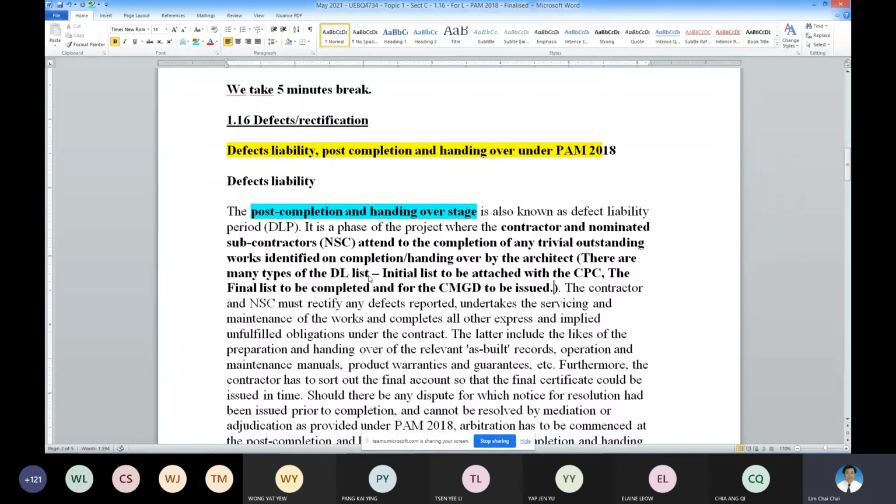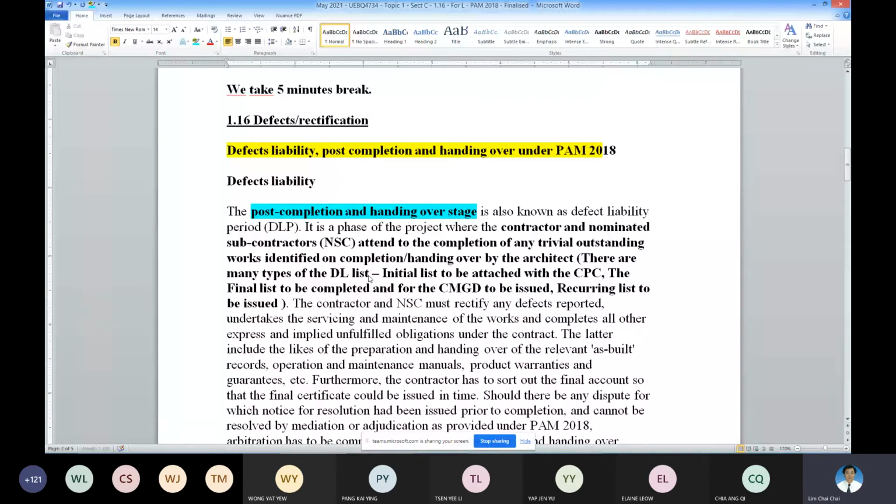And then you have another list. So you have list number 1, list number 2, the first and final, then the recurring list during the defects liability period.